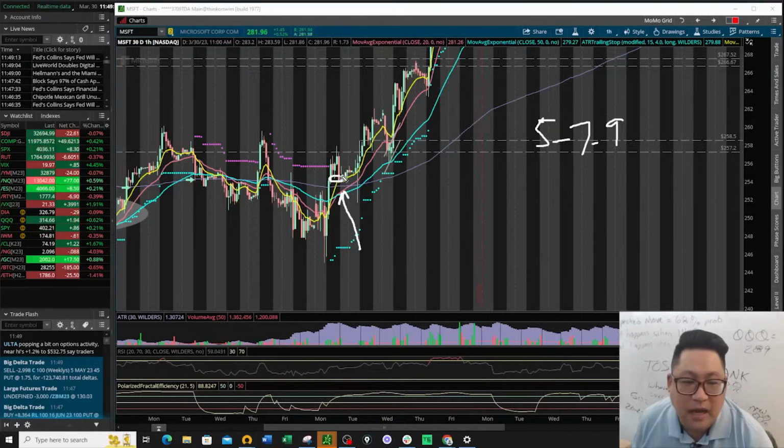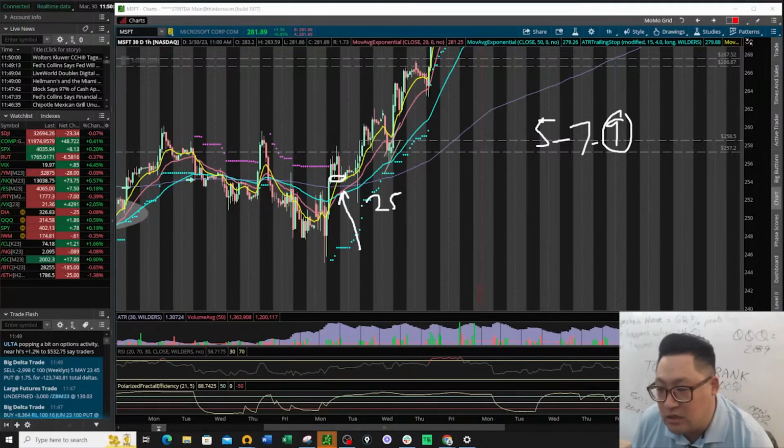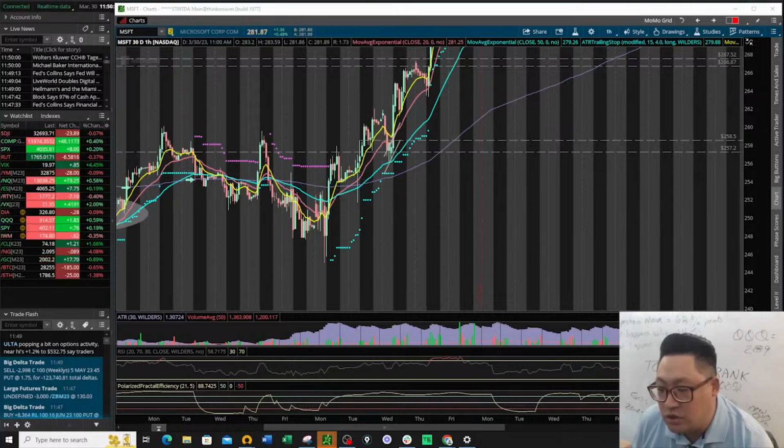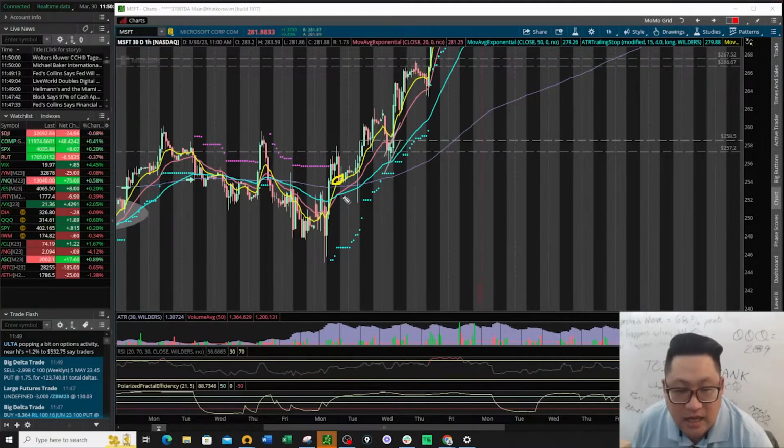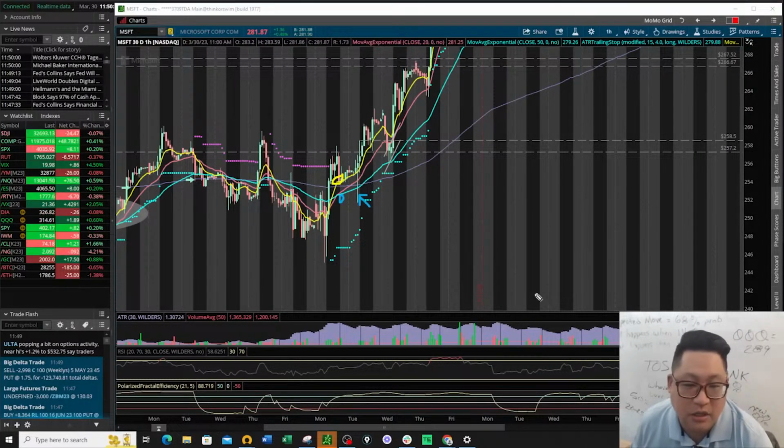So we look to buy 25 cents above where the 9 EMA would be and place our stop 25 cents below the 50 EMA, okay? So that means that I am going to look to buy right above that yellow line once that pink line crosses up and have my stop below the blue here. Now, you may actually think that I would have been stopped out, but that was the pre-market low.